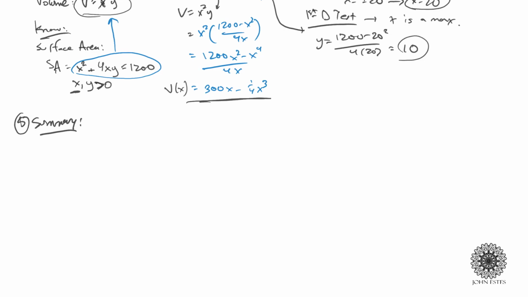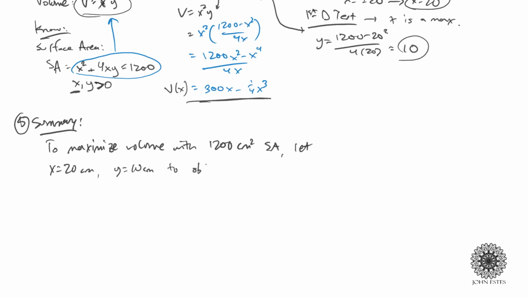And the summary is, we'll say, to maximize volume with 1200 centimeters squared surface area, let's let x be 20 centimeters and y 10 centimeters to obtain a volume of, well, how do we find our volume?